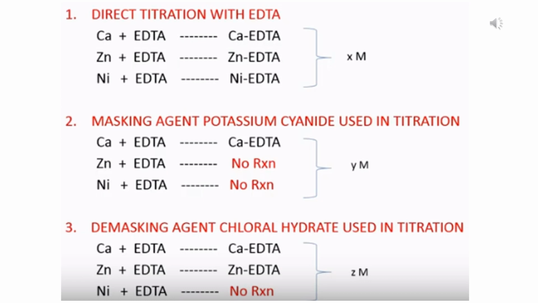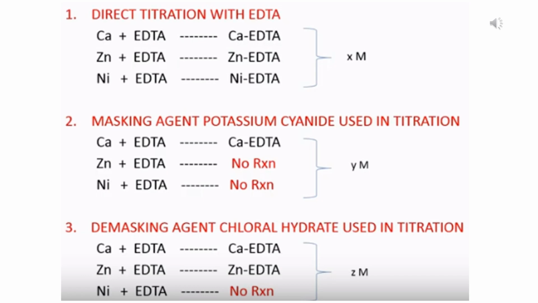We have all three ions, but we want to determine the concentration of only one, calcium. So we add potassium cyanide as a masking agent. It will mask zinc and nickel, so they will not form a complex with EDTA. Only calcium will form a complex with EDTA, and we name this Ym.